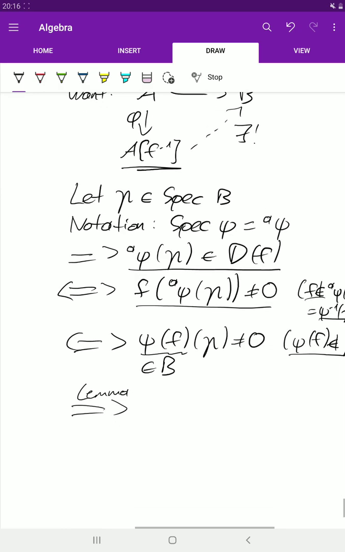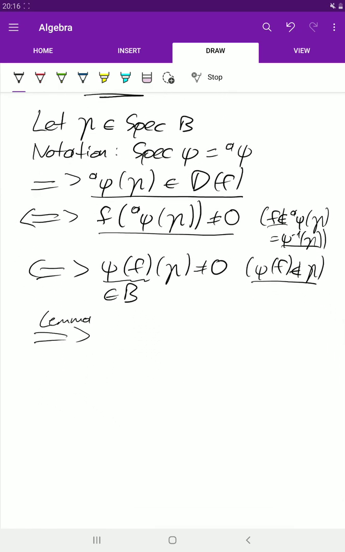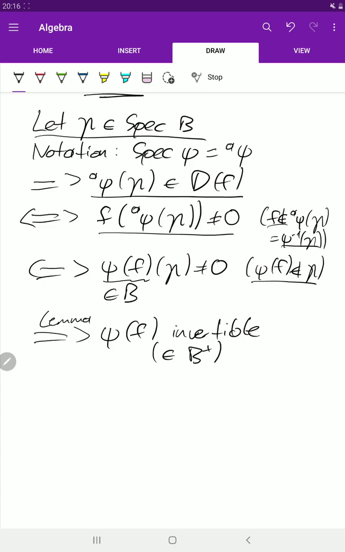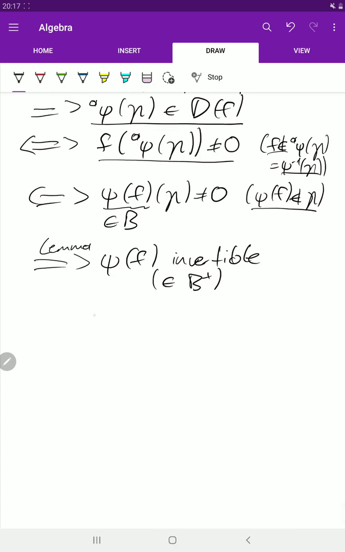So here we have psi of f of p is not 0, and this is for all p in the spectrum. So that means that psi of f is invertible, so it's in the invertible elements.